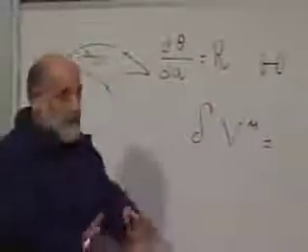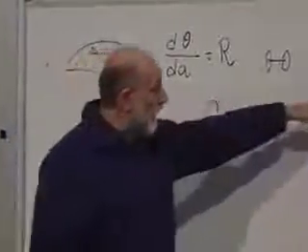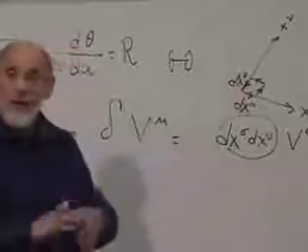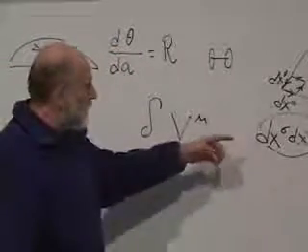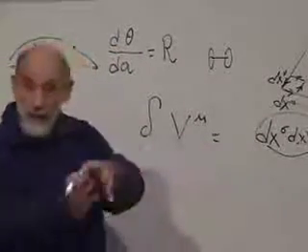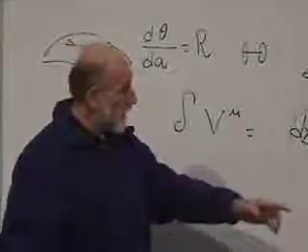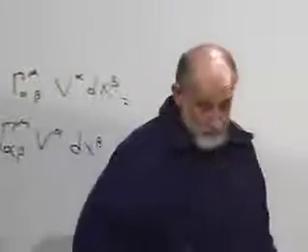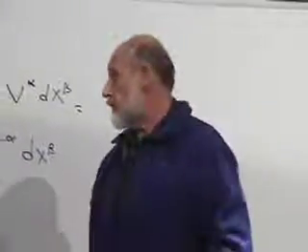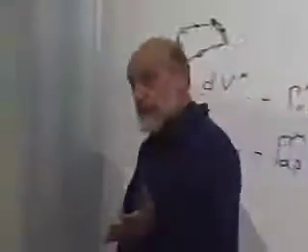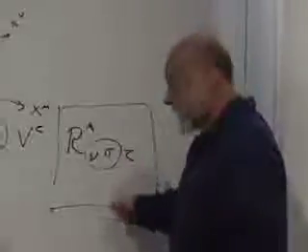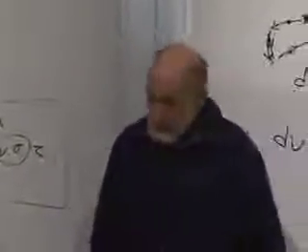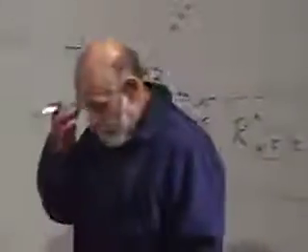So two of the indices have to do with the directions in space that you go around, and the other two indices have to do with the vector itself and tell you how it changes. All right? So that's the pattern. That's what a curvature tensor is. It's the general definition of the curvature tensor.